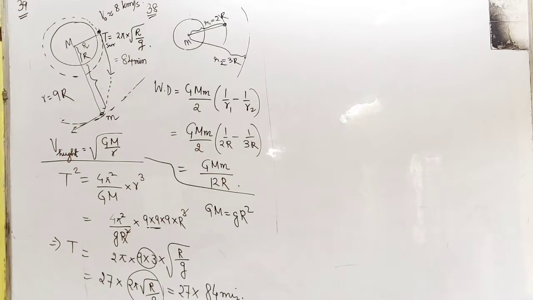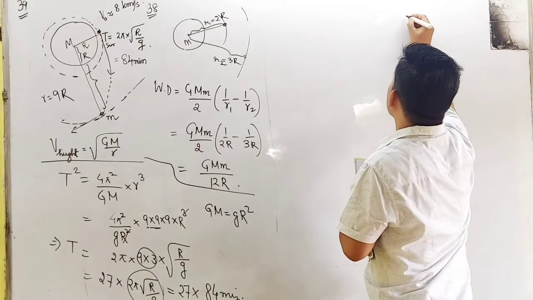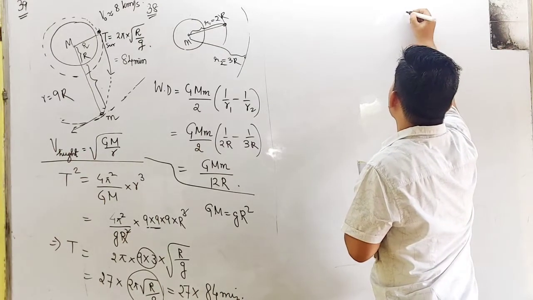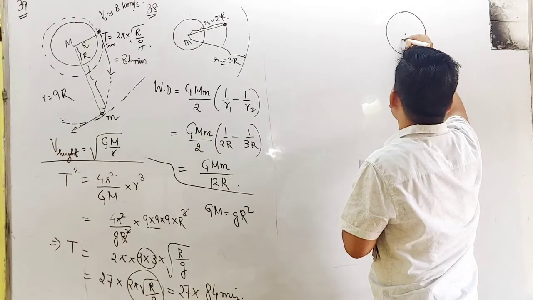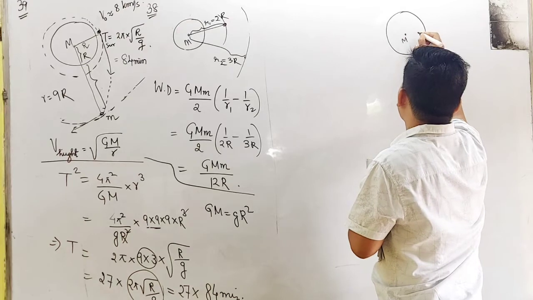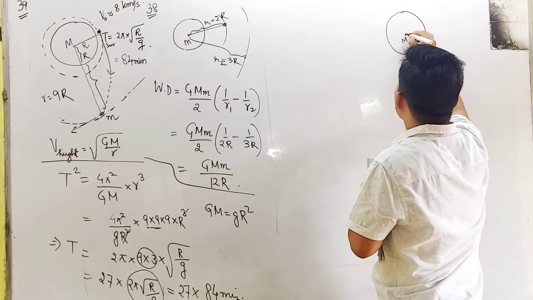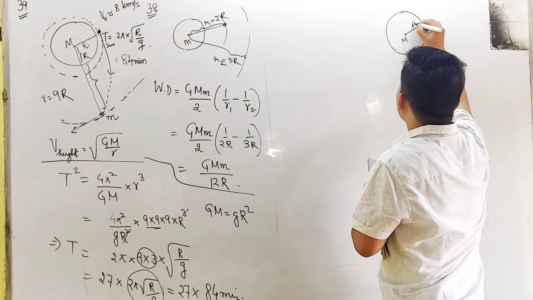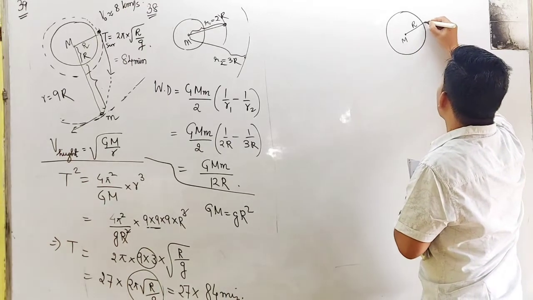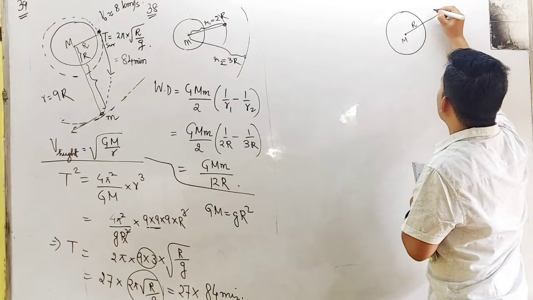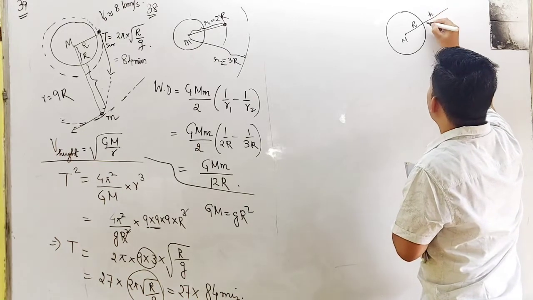We must find out the height of the TV satellite. This is our earth and this is the core; at this core we assume that the total mass is located here. The radius of the earth is capital R, and a TV satellite is located at a height h above the ground.